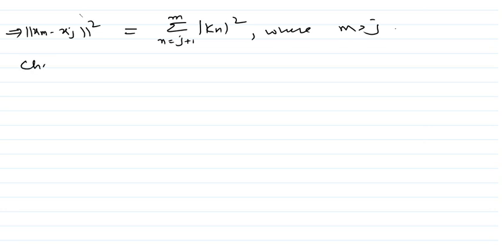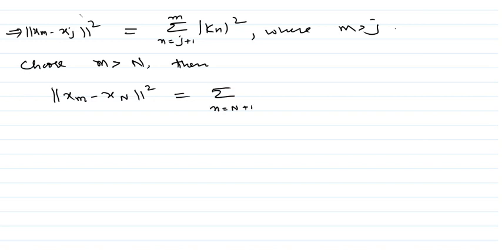So choose this m greater than capital N, then we have norm of x_m minus x capital N, its square, is equal to summation n runs from capital N plus 1 to m of mod of k_n square. Okay, so this is obviously less than summation n runs from capital N plus 1 to infinity of mod of k_n square, and this is less than epsilon by 2.